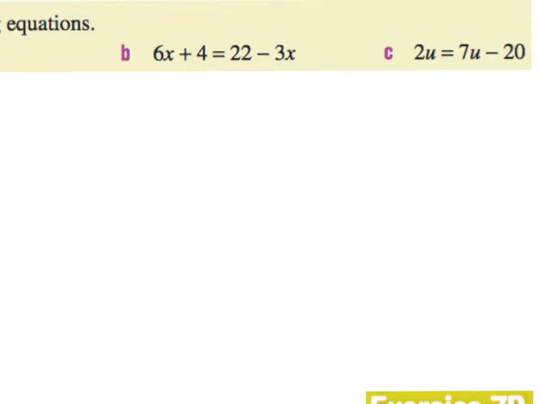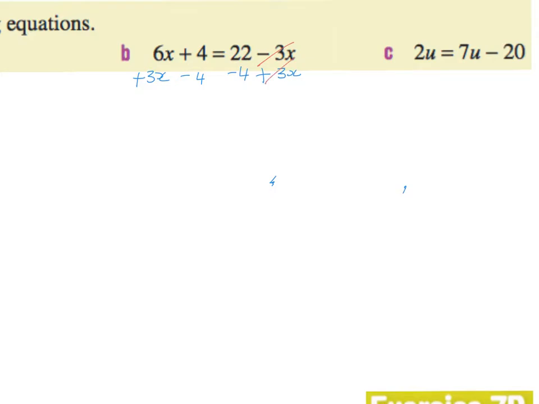So to get rid of negative 3x, the inverse is add 3x. So I'm going to add 3x on this side, and I'm going to add 3x on this side. At the same time, I'm going to get rid of the 4 by subtracting 4, and then also subtract 4 on this side. Let's see what's going to happen.